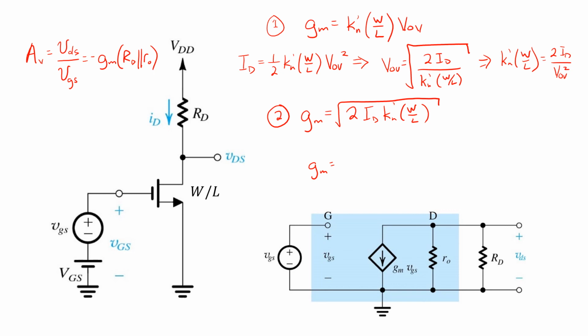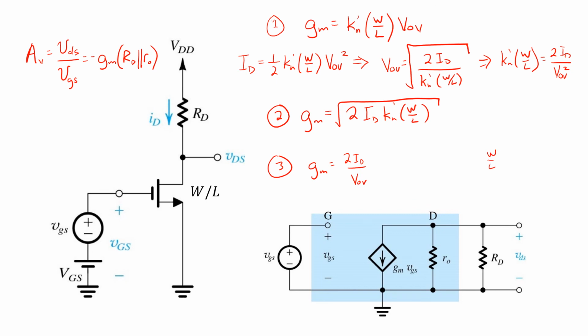That is, it's equal to 2ID over VOV. So expressions 1, 2, and 3 for the small signal transconductance of a MOSFET GM look quite different, but they're mathematically equivalent, recognizing the square law relationship. The key point to remember is that they're just written in terms of different variables.